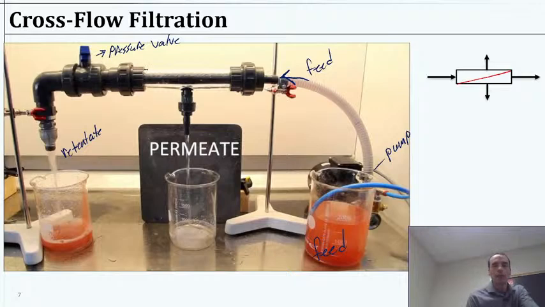You can actually see there's this clear plastic casing here. And inside that, the actual membrane, you can see that. And then there's water that's collecting and draining through here, and that's our permeate as it's labeled.